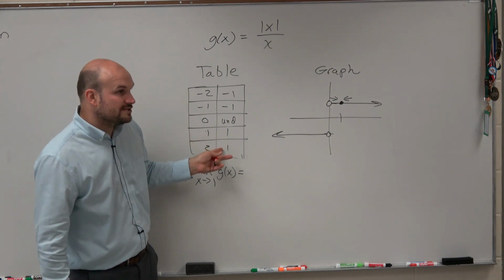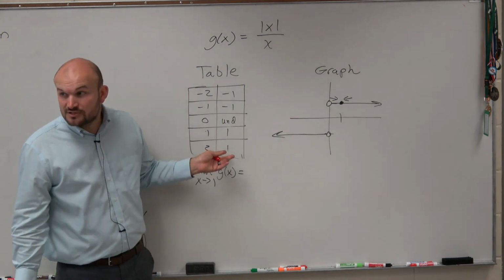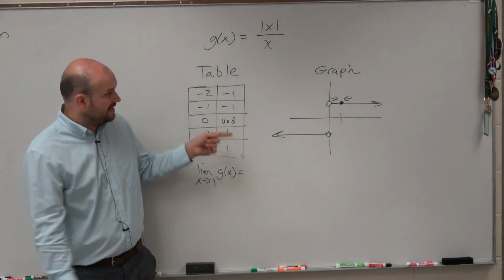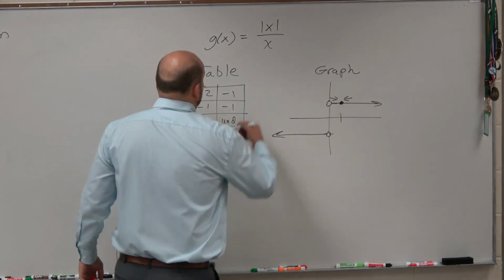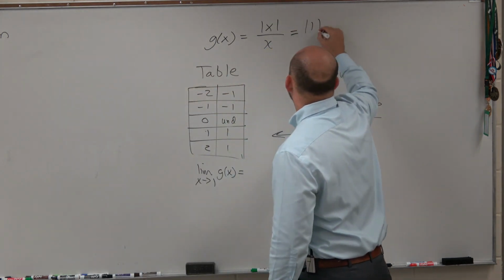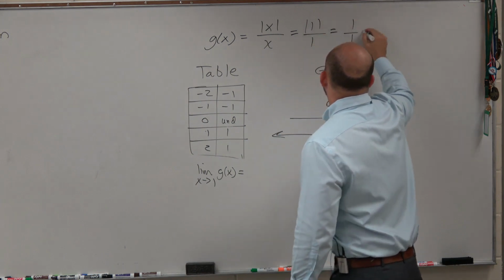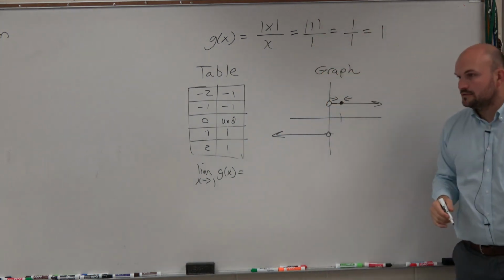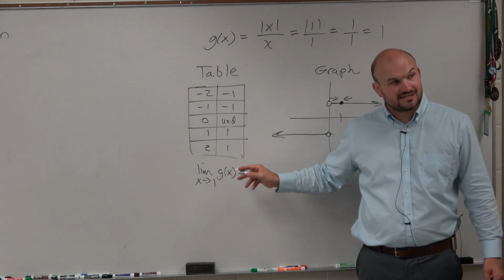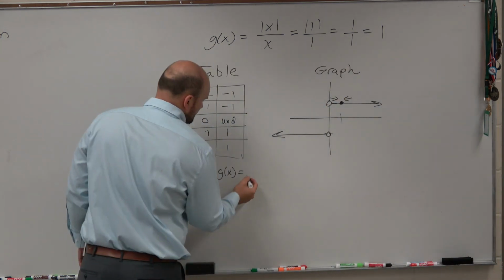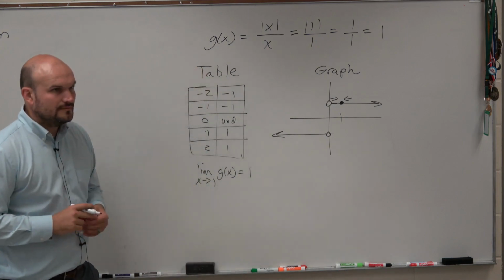And if you did 1.00001, it's going to get really close to 1? Would you guys agree that from left and right, they're both approaching 1? So if I want to evaluate the limit as x approaches 1 of g of x, that's just going to equal 1.